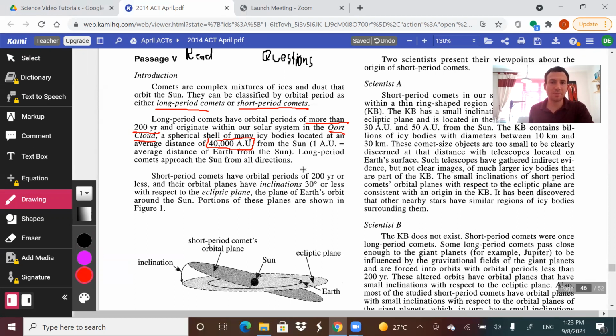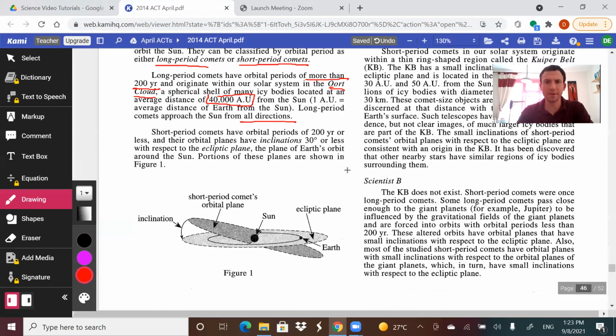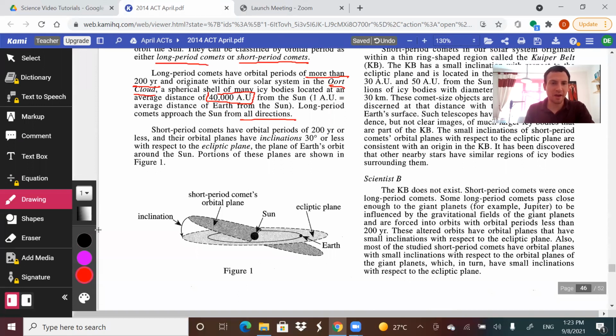Long period comets approach the sun from all directions. Short period comets, on the other hand, have orbital periods of less than 200 years, and their orbital planes have inclinations of 30 degrees or less. So instead of coming in from all directions, they tend to only vary within 30 degrees, within a plane at which they orbit the sun.